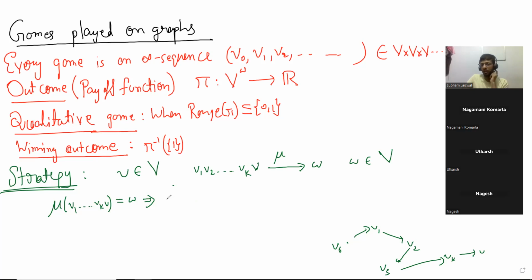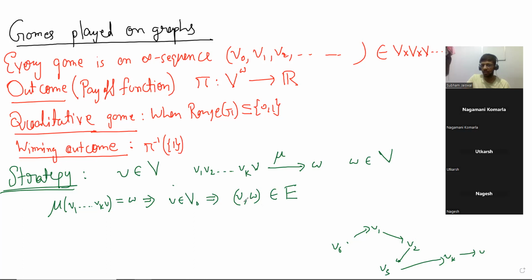It will clearly depend on whether the small v belongs to V1 or V0. Actually, it won't depend on that, but it implies that v comma w is an edge. It has to be an edge to begin with.